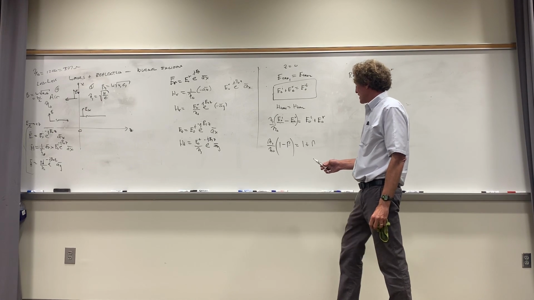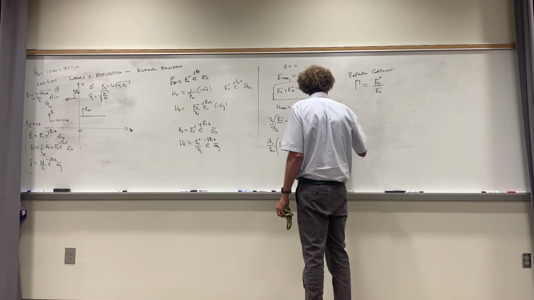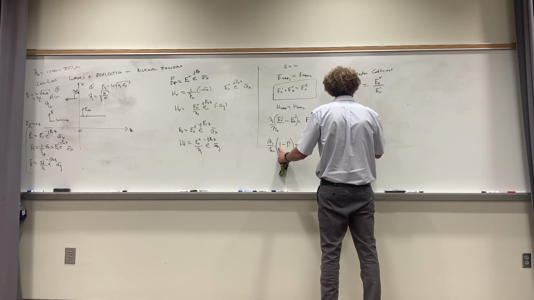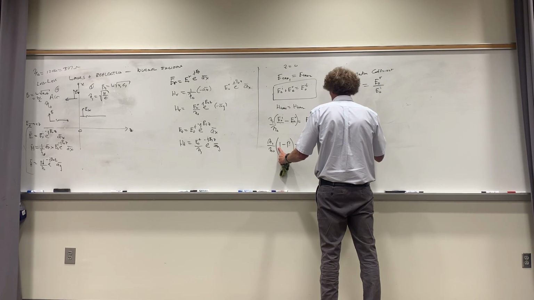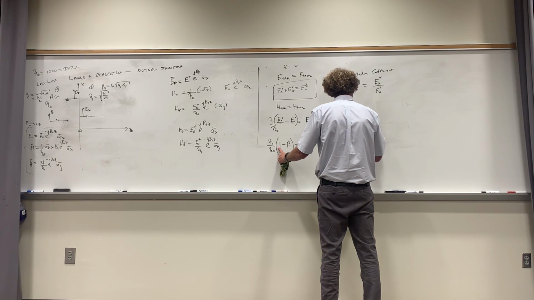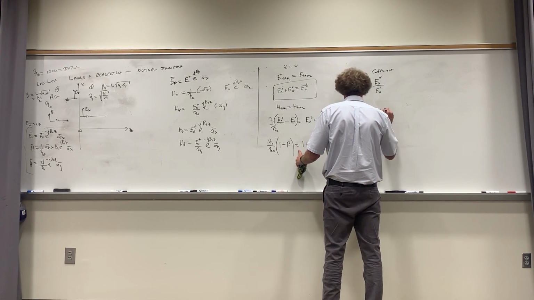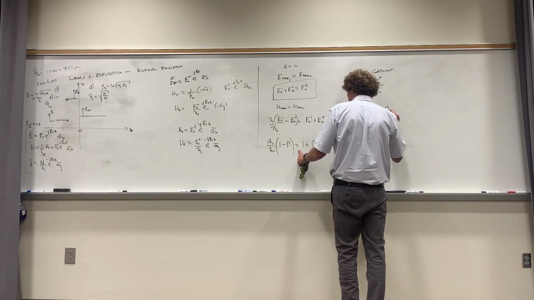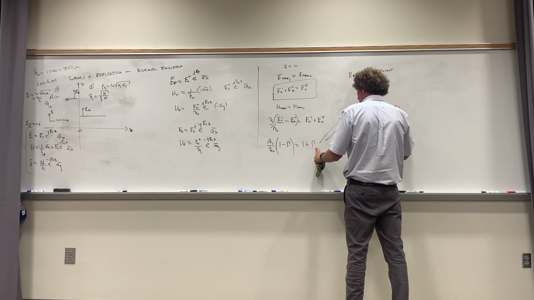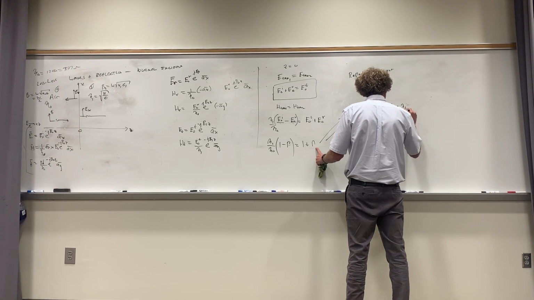I can say that A to 1 over A to naught minus 1 is equal to the reflection coefficient times 1 plus A to 1 over A to naught.